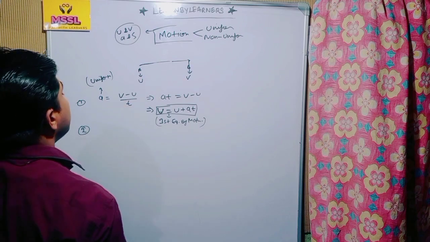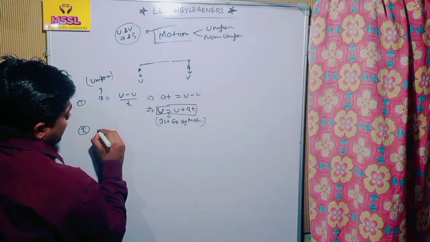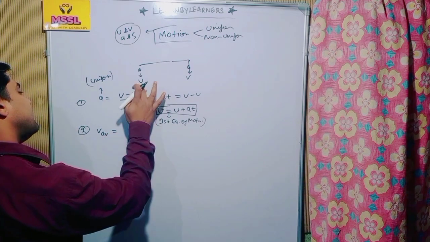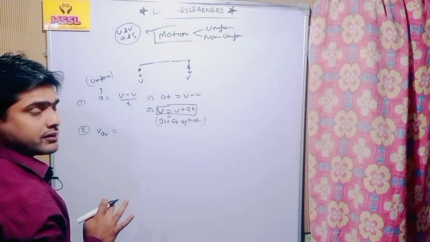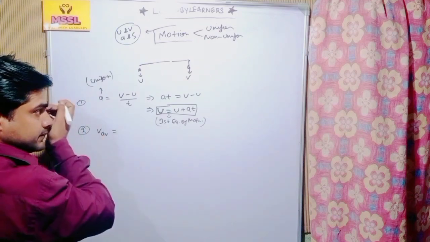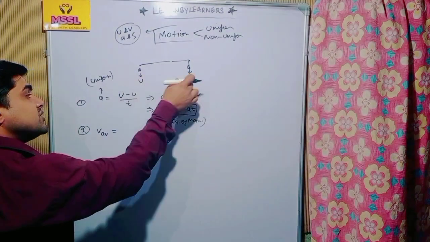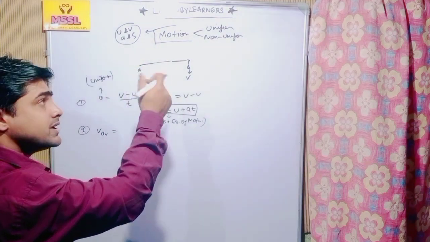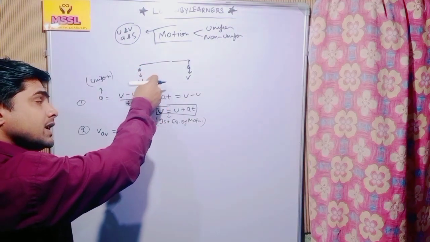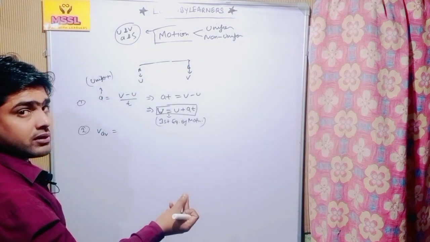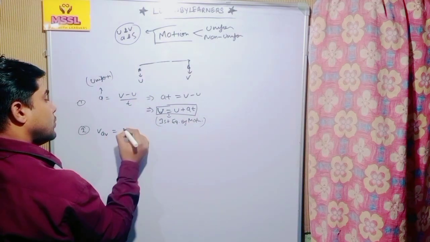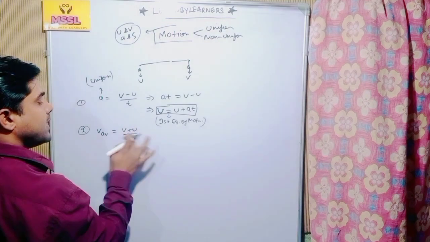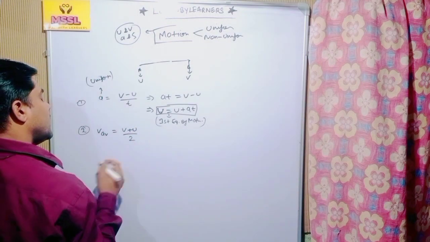We'll do that only. So we are talking about average velocity, and we have two velocities given, right? Why are we considering two velocities? Because we are talking about motion, and motion is nothing but a change of position, right? So average velocity is V plus U by 2.